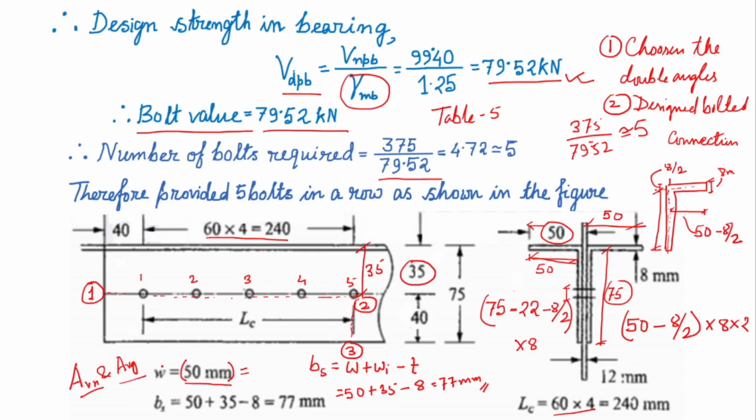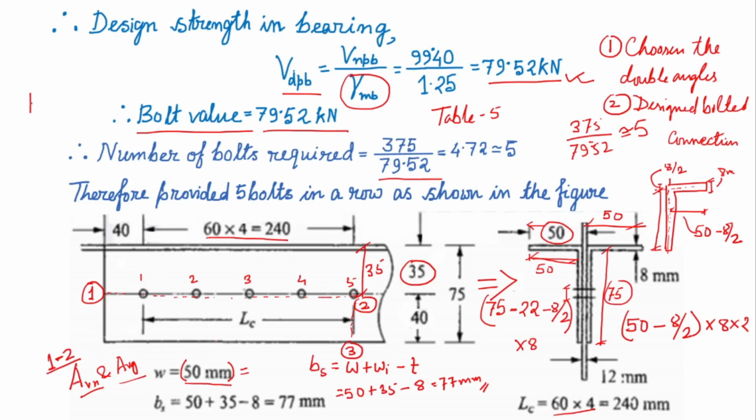These are the cross-sectional areas along the load acting on the tension member. Normally the load acts on the tension member in the horizontal direction. So in this direction you have to calculate the cross-sectional areas. That's why AVZ and AVN are calculated along the line 1 to 2.